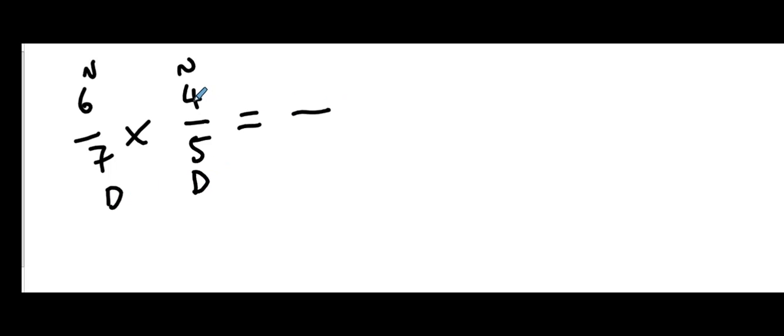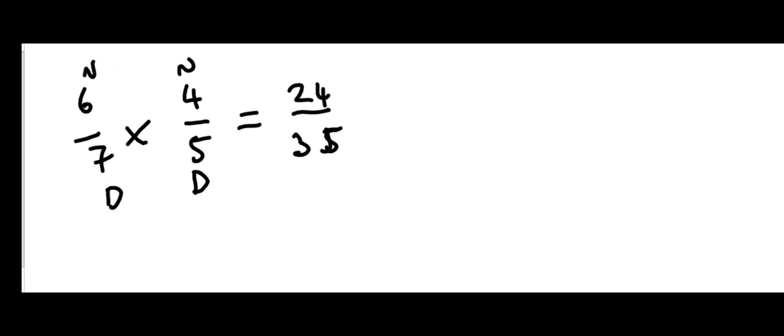So 6 times 4, that's 24, and 7 times 5, that's 35. So our answer is 24 over 35. Then again we look to see if we can simplify it. Do the numerator and denominator of our answer have any common factors except for itself and 1? It doesn't. So our answer is 24 over 35.